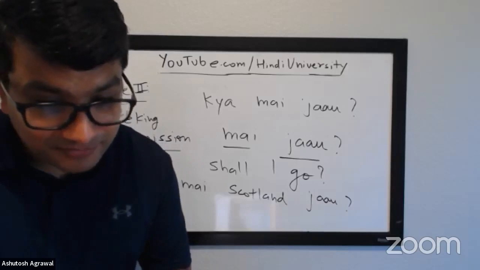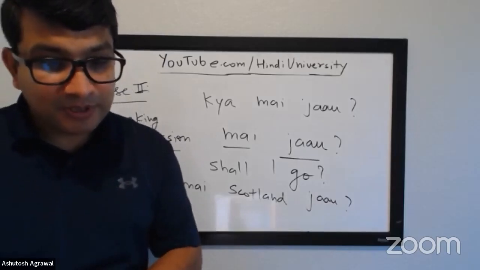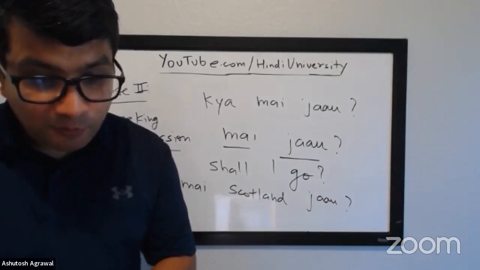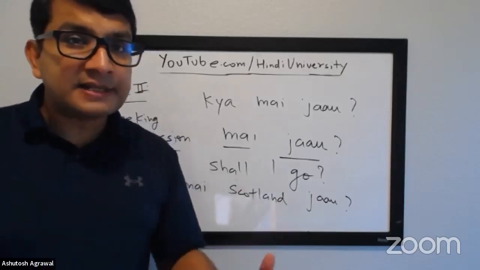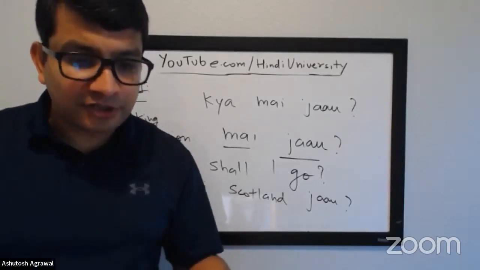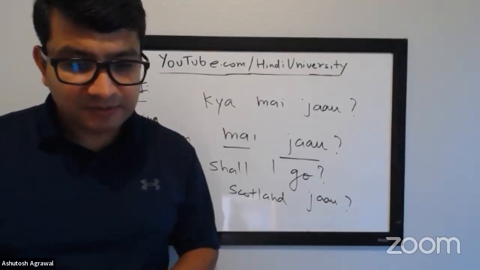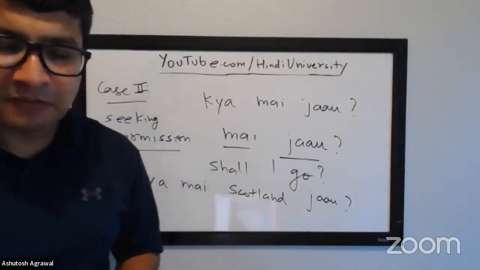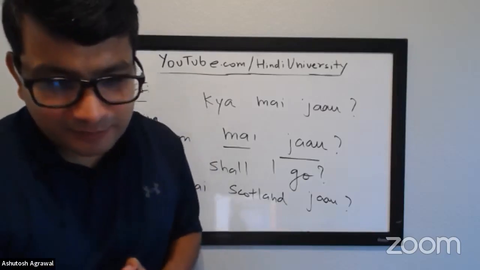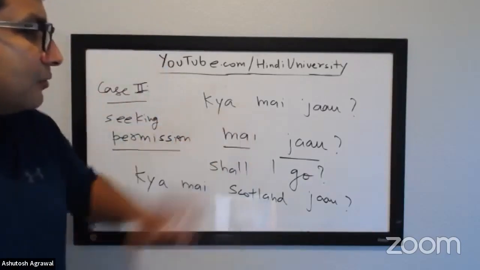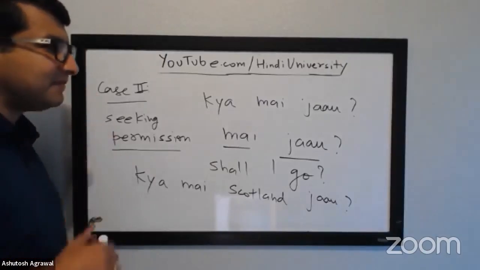Shall I say something? What else can you think of where you say the sentence in such a way that it conveys that you are seeking permission? All of you can give it a try and write in the chat, whether it is Facebook or Zoom chat. Just like क्या मैं जाऊं, what else?